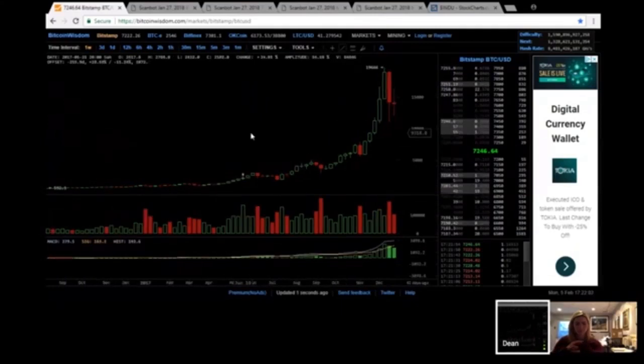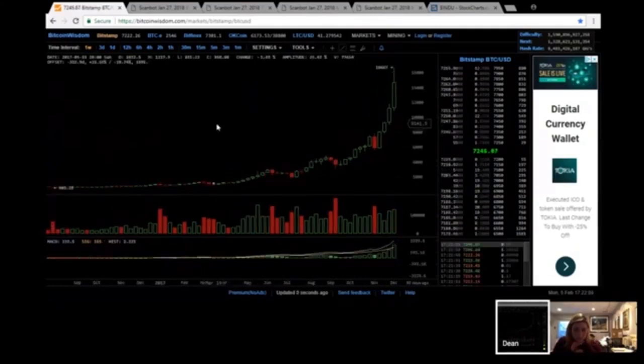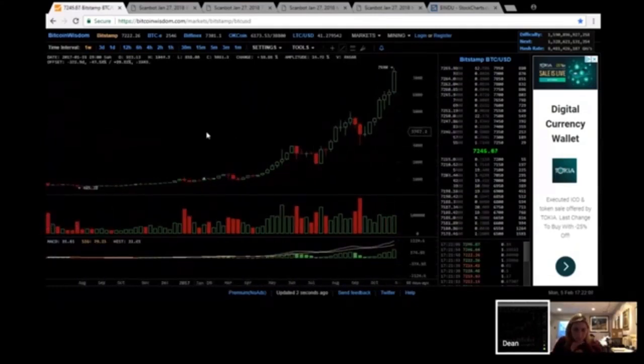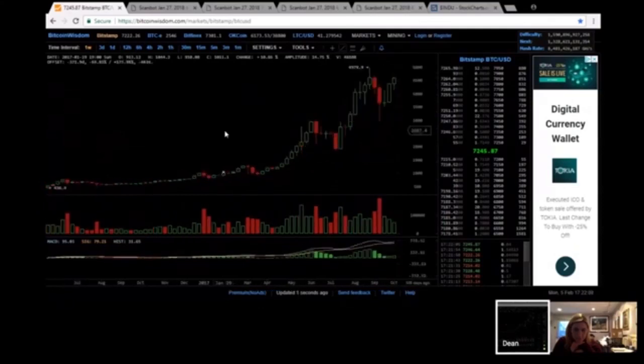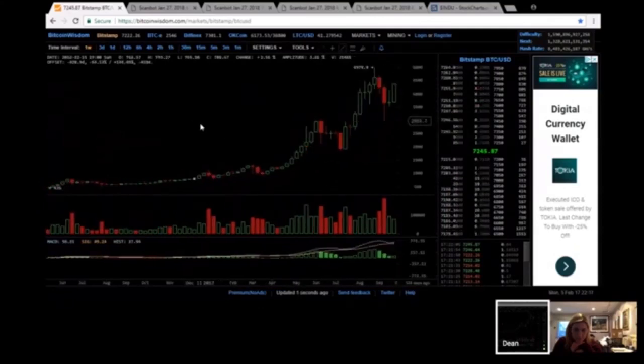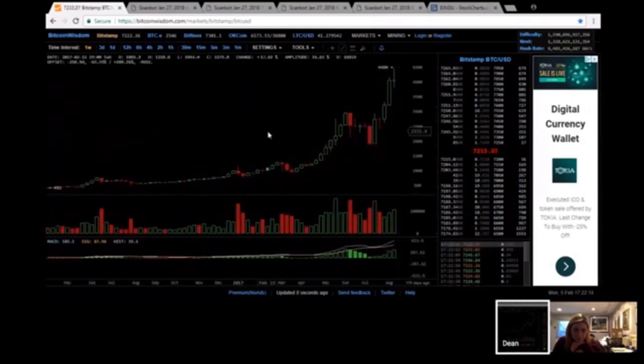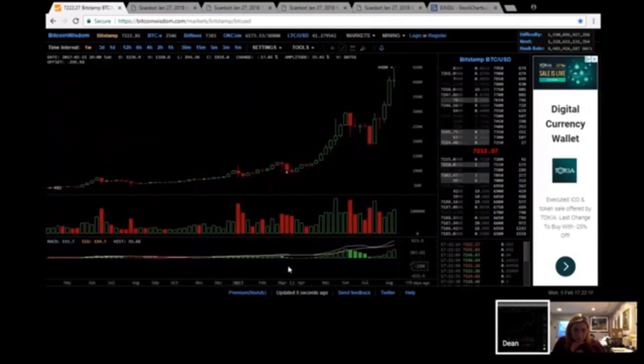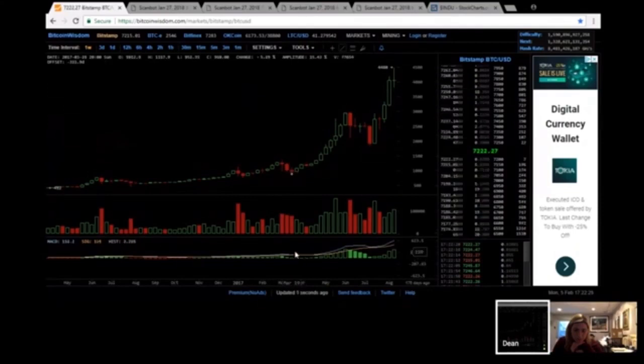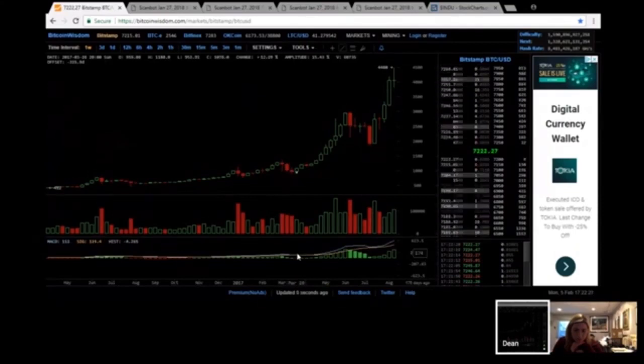If we go back slowly and look at what those two lines did and the green bars under them, you will see that only here, for a 1 week period, for a very short time, was there a tiny crossing of the two MACD lines.